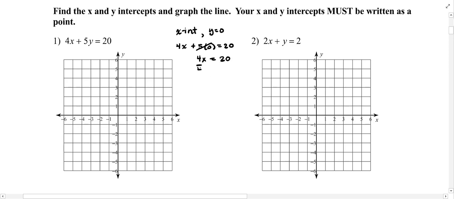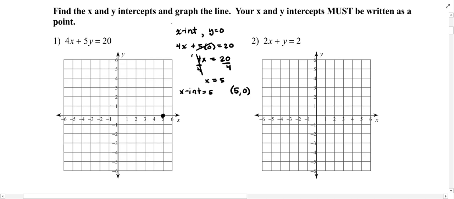And dividing both sides by 4, we get x equals 5. So this means that the x-intercept is 5. And if we write this as an ordered pair, it would be (5, 0). And if we plot this, it would be 1, 2, 3, 4, 5 right here.